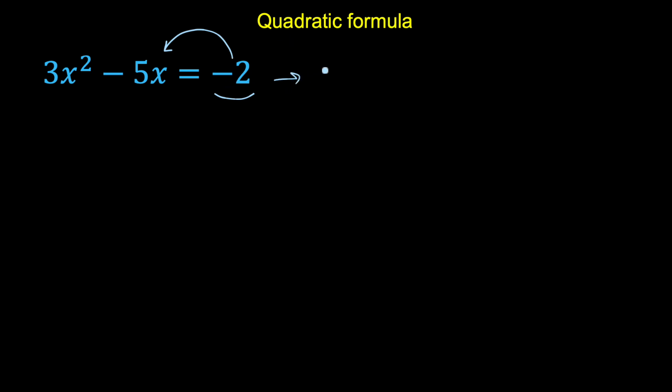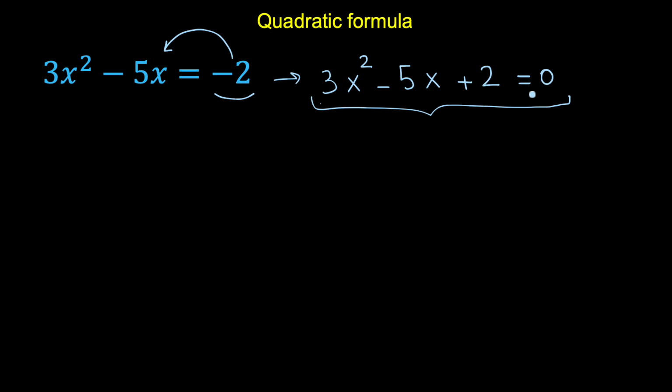So we have something like this: 3x squared minus 5x plus 2 equals 0. As you can see, the sign of -2 changed to positive, and here we have 0 because we don't have any number left on the right. So this is our equation.